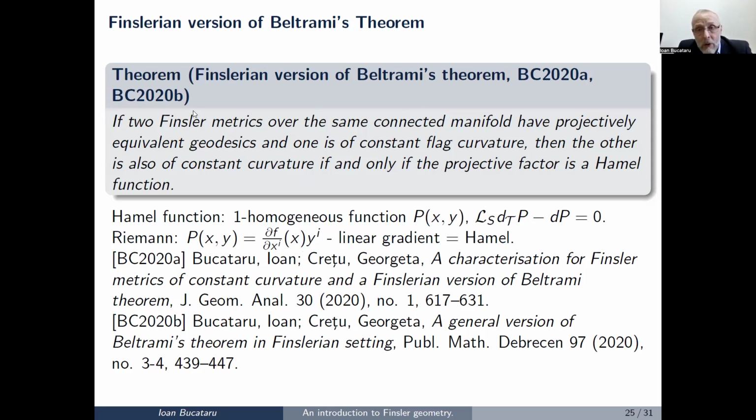However, what we managed to prove is that if I have two Finslerian metrics that have projectively equivalent geodesics, and they are both of constant curvature, if and only if this projective deformation, this function here, is of some particular form, which in the Riemannian case is automatically satisfied because of the particular form of the projective deformation.